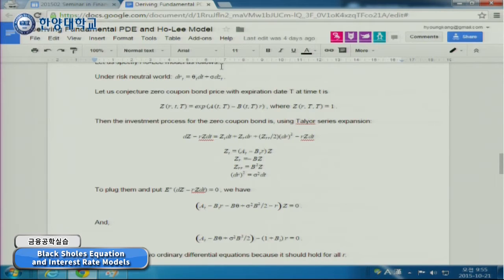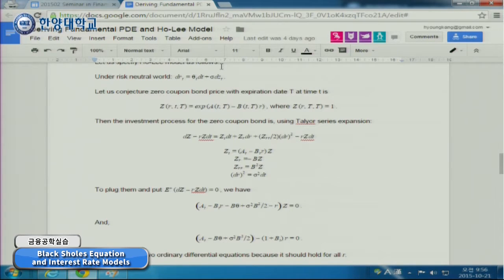Taylor series expansion of the profit process dZ minus rZ dt. And dZ, if we use the Taylor series expansion, is Z_t dt plus Z_r dr plus Z_rr over 2 dr squared. And if you subtract your cost of investing, it is rZ dt, right?